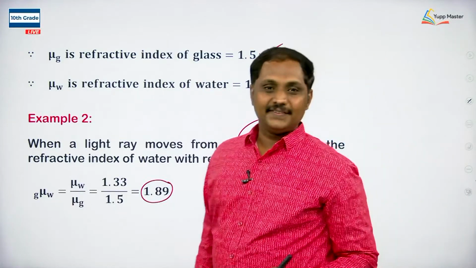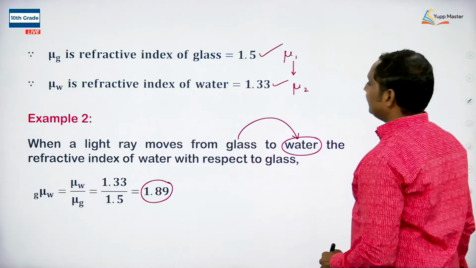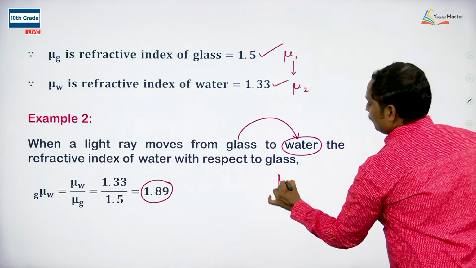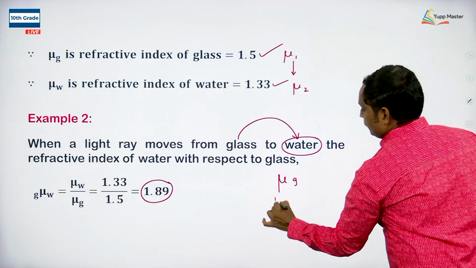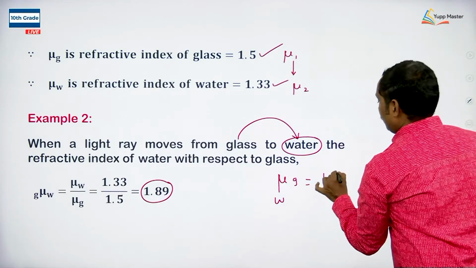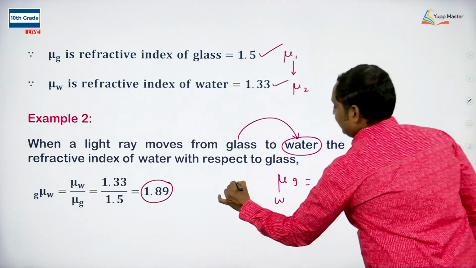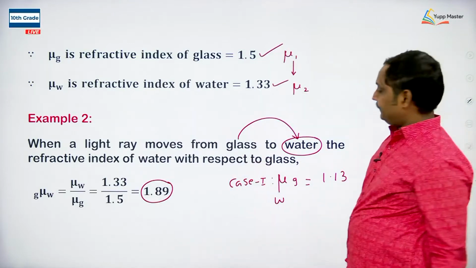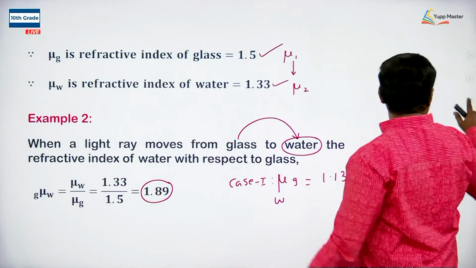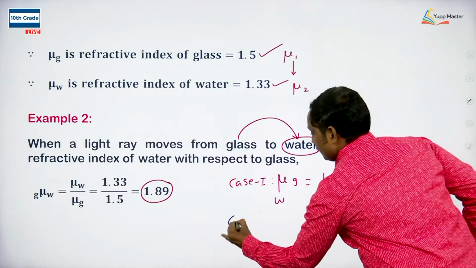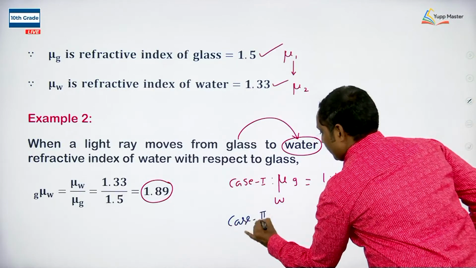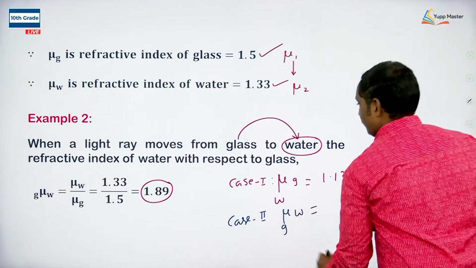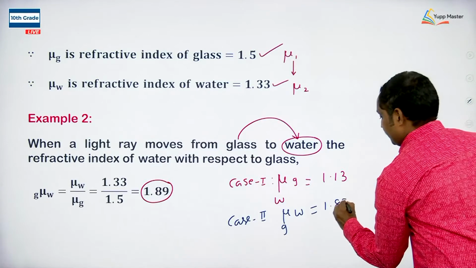In the previous case, you have identified mu g with respect to water, that is 1.13. This is case 1. In case 2, that is 1.89.